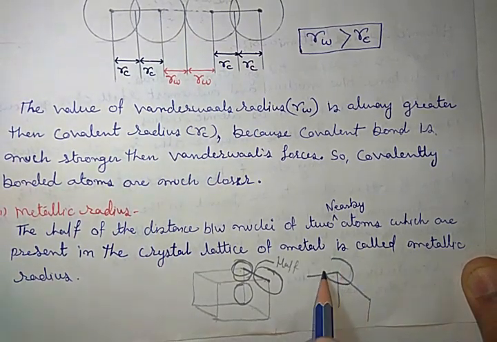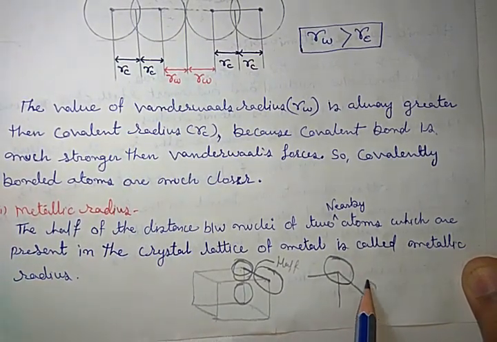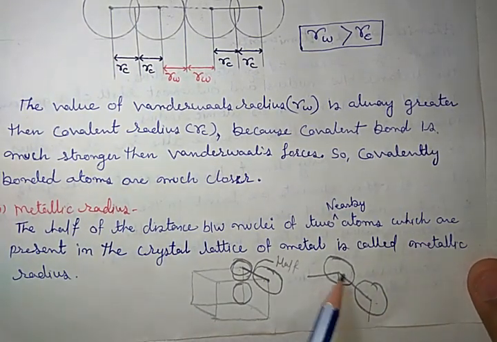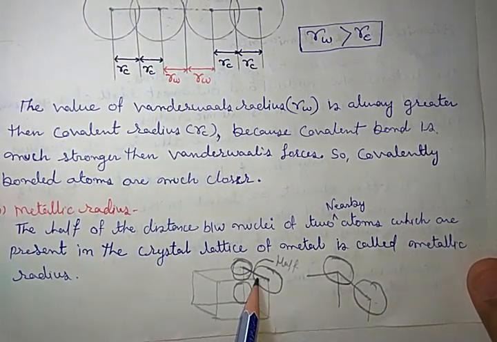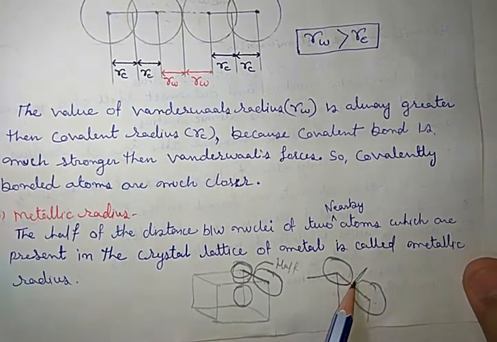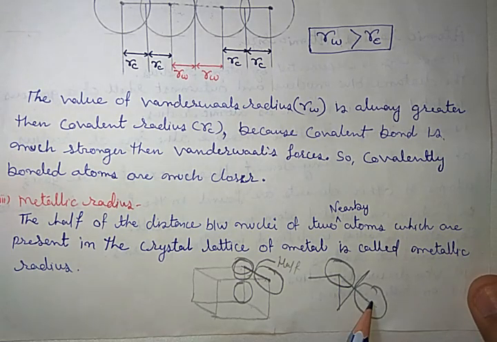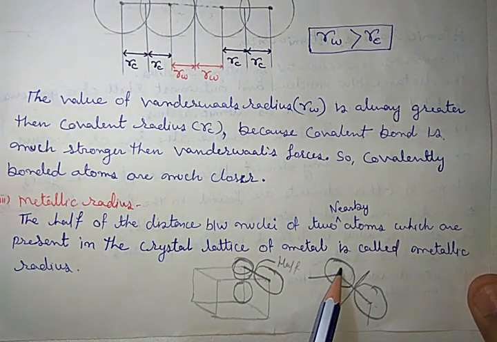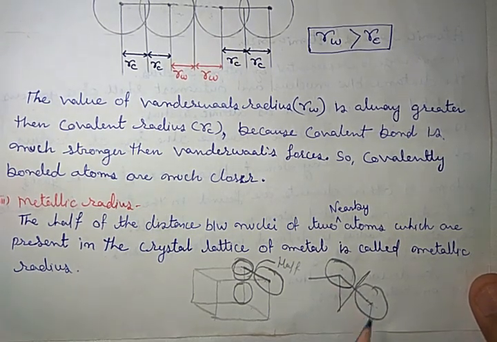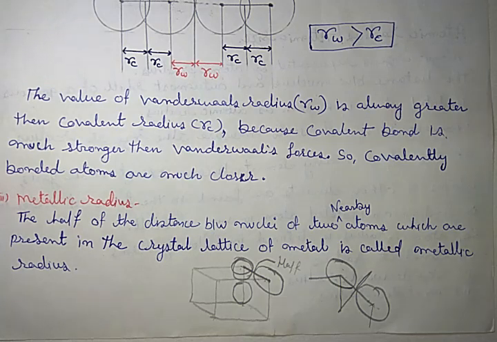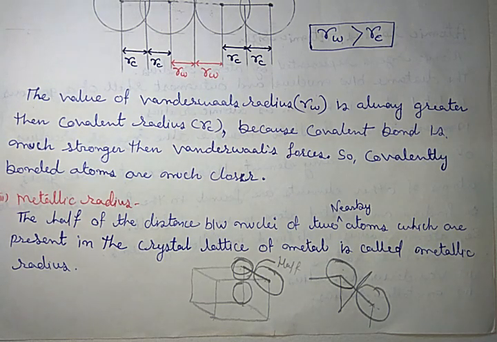That is one atom, and that is another atom. These are present in the crystal lattice. Half of the distance between the nuclei of two nearby atoms present in the crystal lattice of metals is known as metallic radius. Got it?